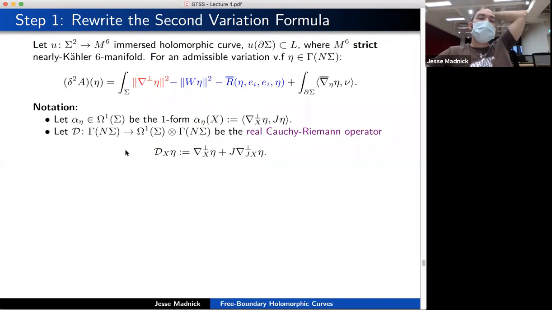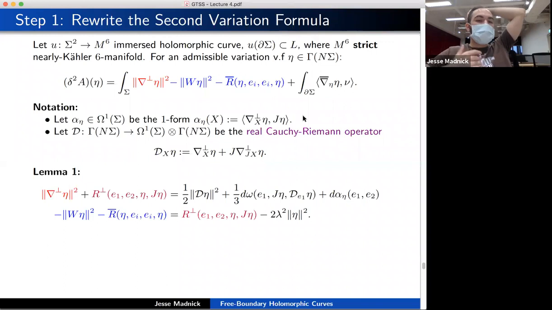And for notation's sake, alpha eta will be this one form. And what you can compute is this red term here, if you add on a normal curvature term, is equal to the sum of these 3 things. Notice that our Cauchy-Riemann operator D appears in the first 2 terms. That's good. And the 0th order terms, they're equal to this same exact normal curvature term minus 2 lambda squared normal beta squared.